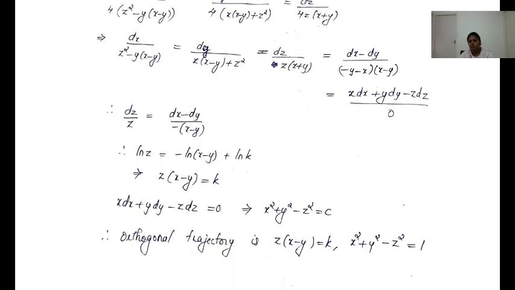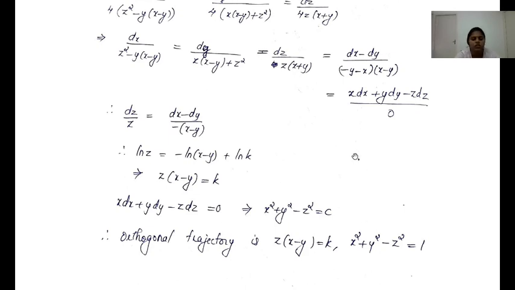So on integrating, this is going to give your surface. If I replace c by 1, that will give me the surface. So you have a surface together with the system of curves. So z into x minus y equal to k is the orthogonal trajectory, which you have to prove.